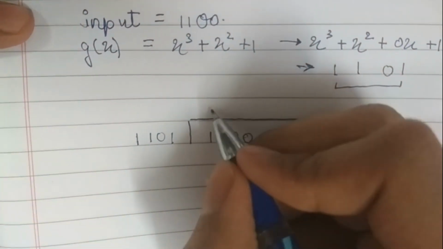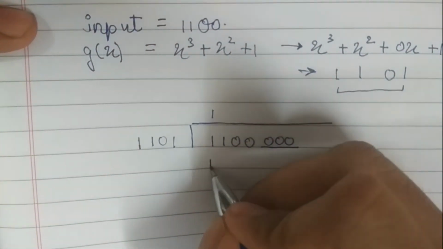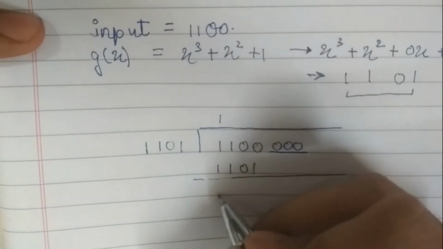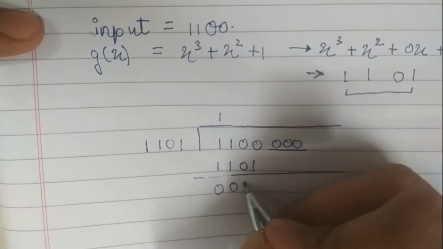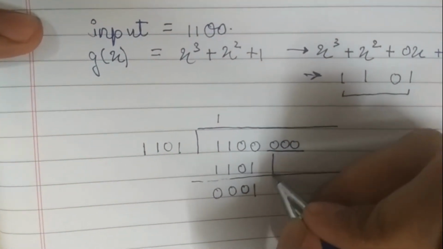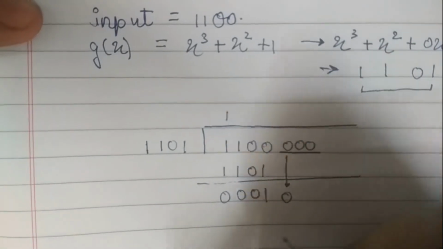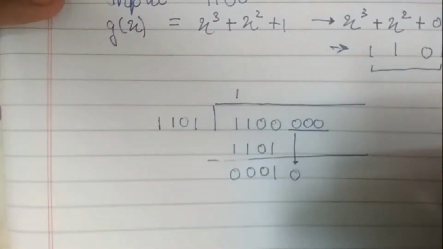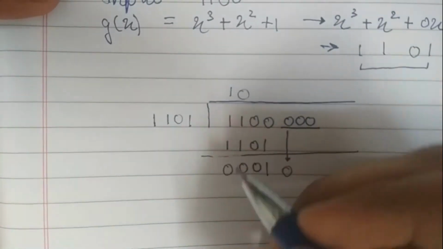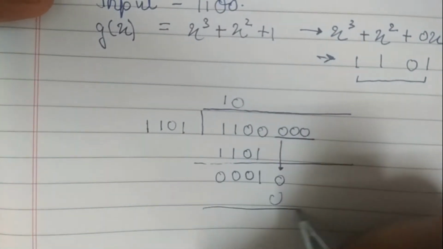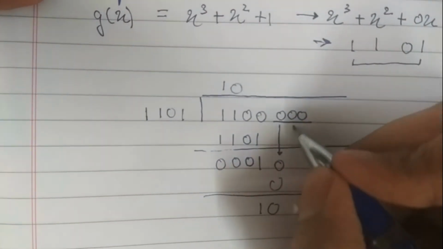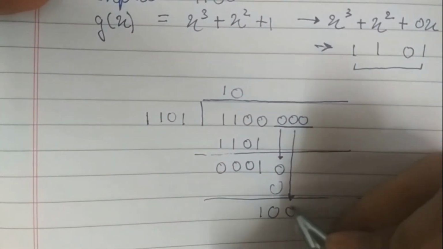So let's do XOR now. 1 would give me 1, 1, 0, 1. Doing XOR of 1, 1, 0, 1 with 1, 1, 0, 0 gives 0, 0, 0, 1, taking this 0 down. Now we can't divide it, so we'll take 0, getting 1, 0, taking this 0 down.